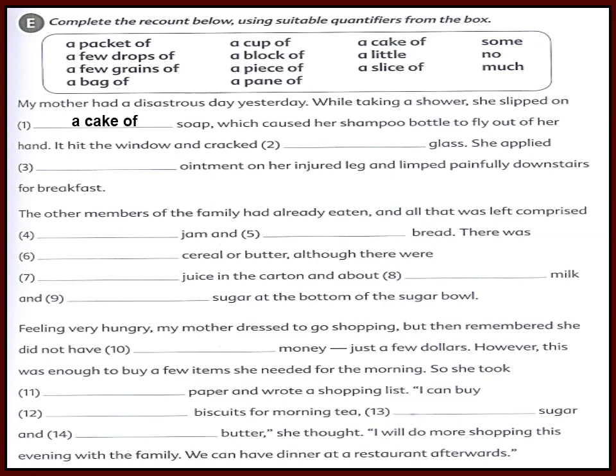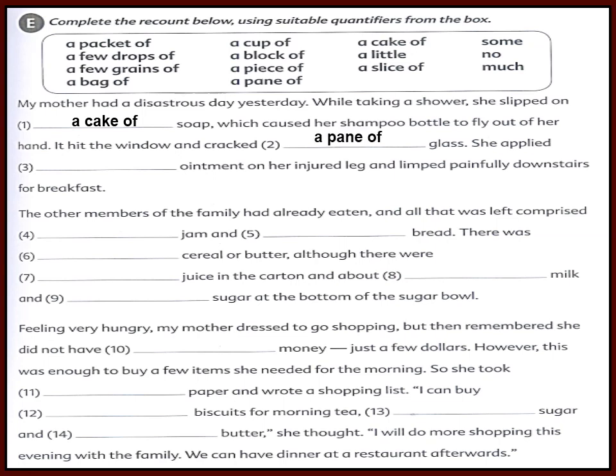A cake of soap, we say, right? We don't say a piece of soap, we say a cake of soap, which caused her shampoo bottle to fly out of her hand. It hit the window and cracked dash glass.